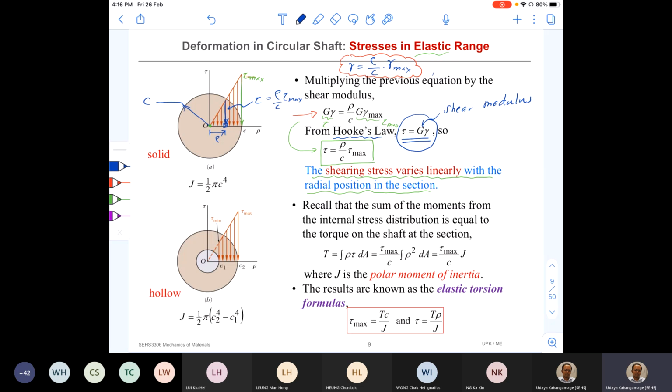In fact, this shear stress is developed because of the torque applied, right? So if I apply an external torque T in this direction, it creates an internal resistive torque T. So the distribution of the shear stress created by this torque is given by this triangular distribution, right?